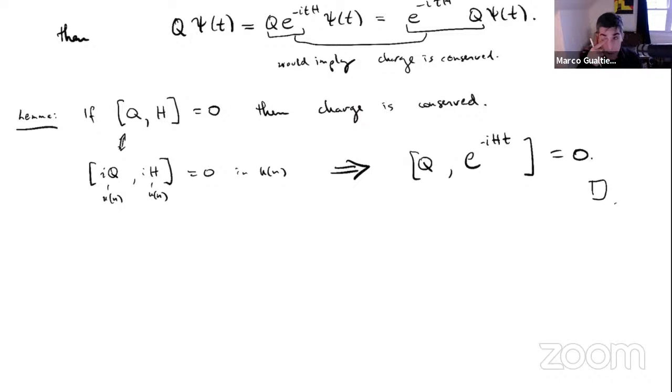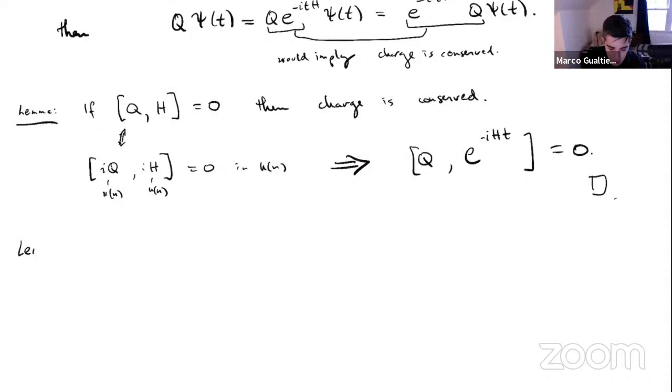In particular, those numbers, those charges, would have a classical meaning, because the charge has a well-defined value. So there's another lemma which is related to this, which is good to know, a more general fact.